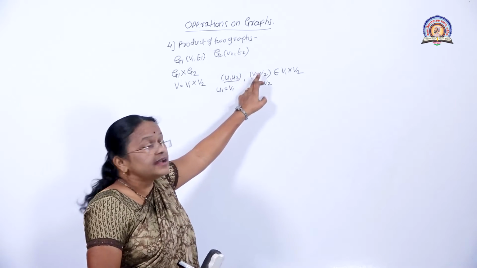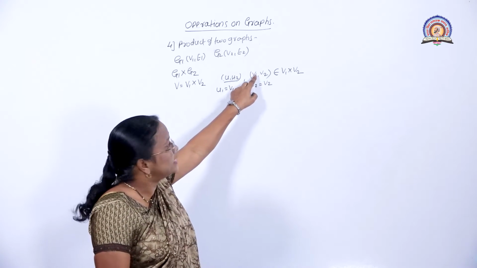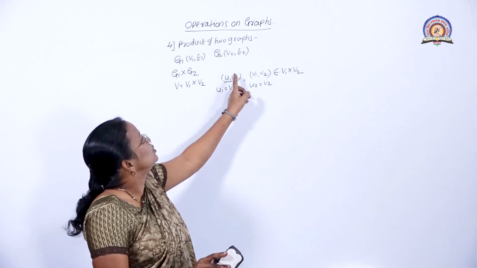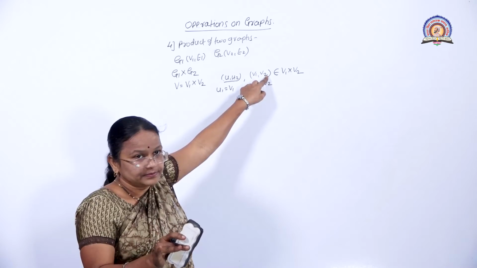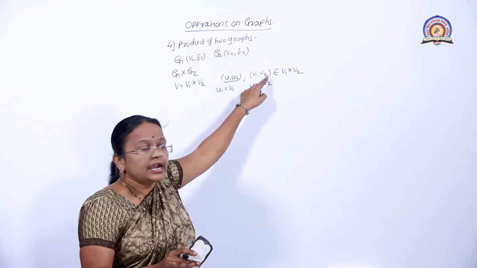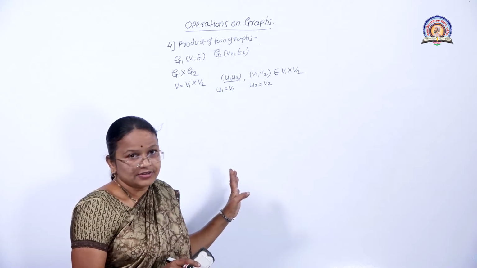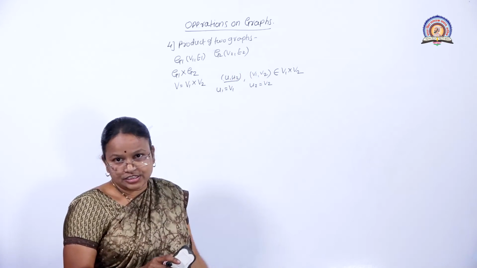So these vertices are adjacent if first vertex is same and second vertices are adjacent in second graph, or second vertices are same and first vertices are adjacent in first graph, then and only then these vertices are adjacent.